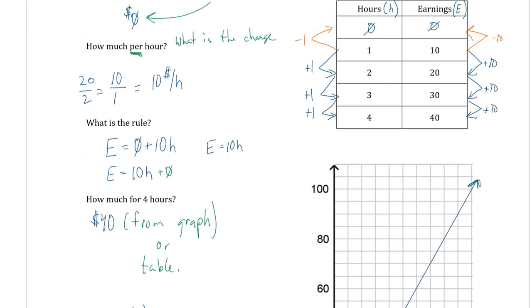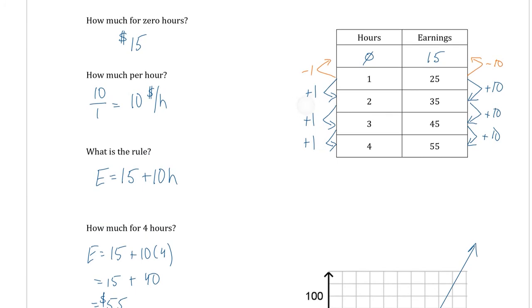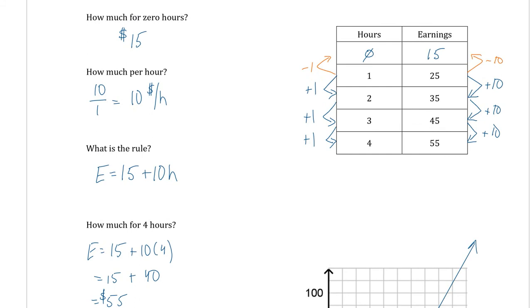And you can already see that even though I'm talking about hourly earnings, the hourly wage, and somebody who makes $10 an hour but started at $15 to begin with, a fixed amount, is a linear relation. It makes a straight line, but it still all means the same thing. Okay, so keep that in mind while you're working through this, that it still comes down to those two most important things. Where does it start and what is the change?